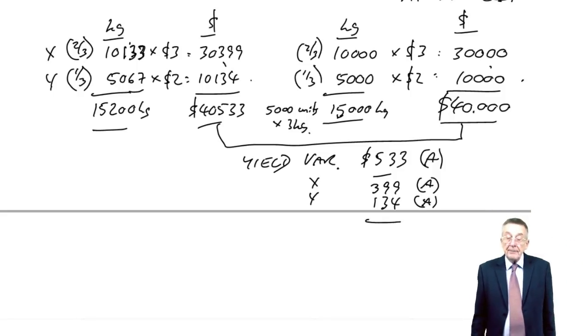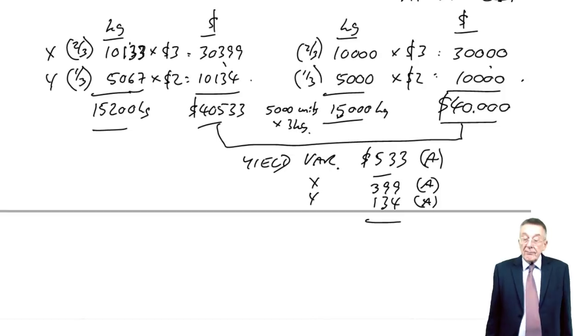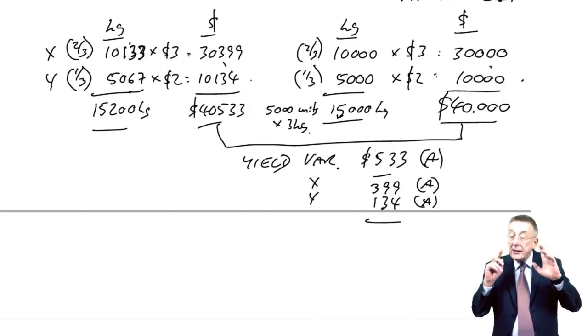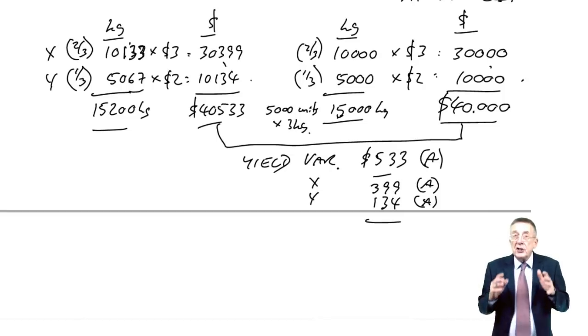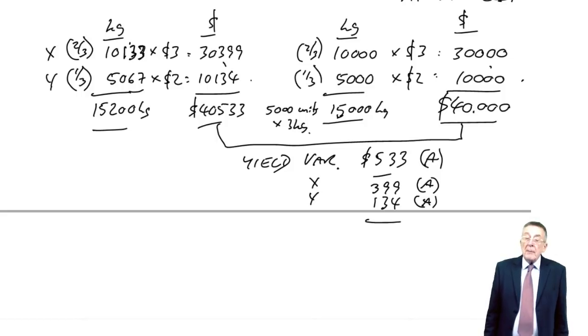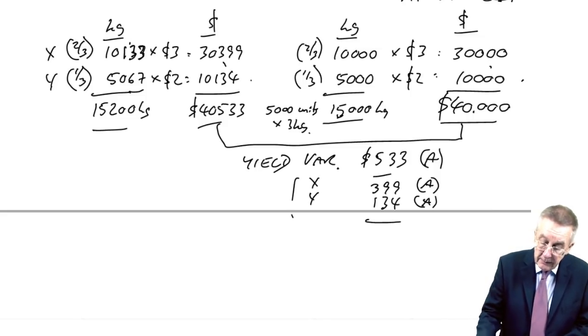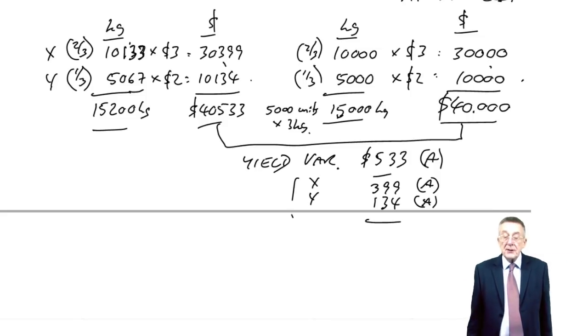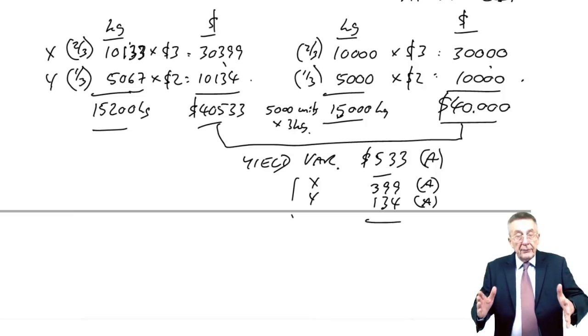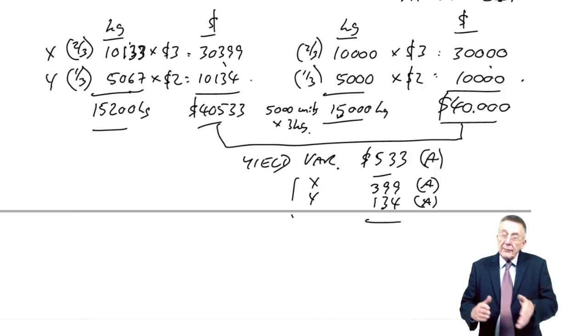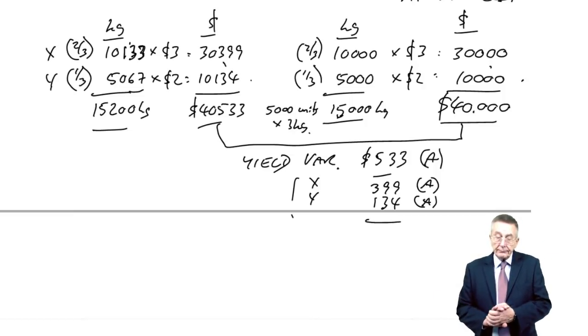In total 533. And if you've been thinking and understanding, because I've said don't ever just learn rules, if you are required to split it between the materials, all of them will be adverse or all of them will be favourable.